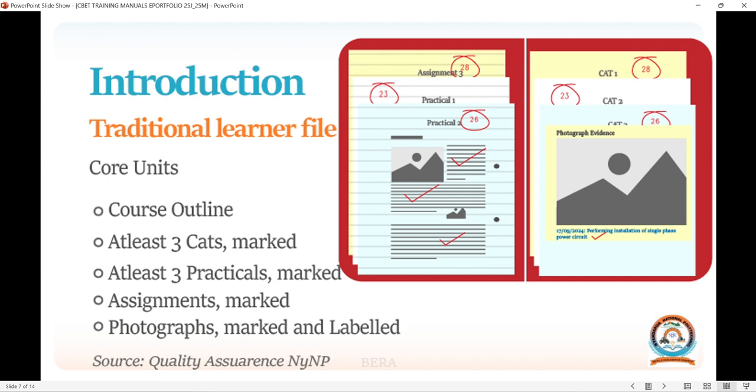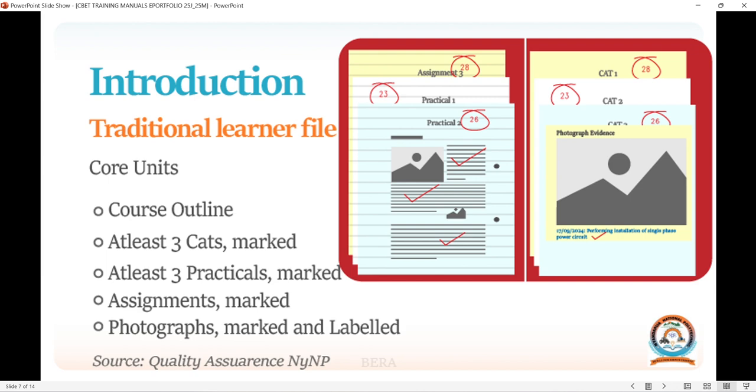And for the core unit, you also have to provide the course outline, at least 3 cards marked, and at least 3 practicals peer marked. For practicals, we are talking about the checklist here. Then any assignments, and for the practicals, the checklists which you provided for the practicals, you must accompany them with photographs, and these photographs have to be marked and labeled by you accordingly.